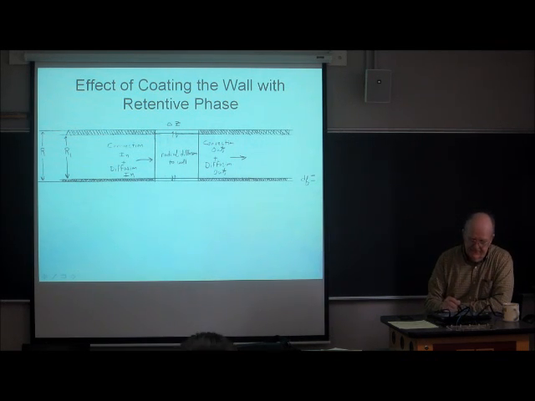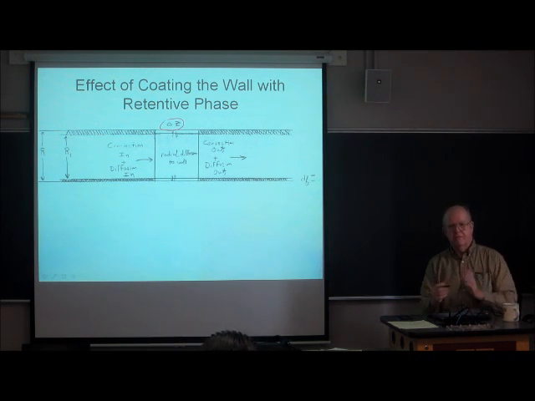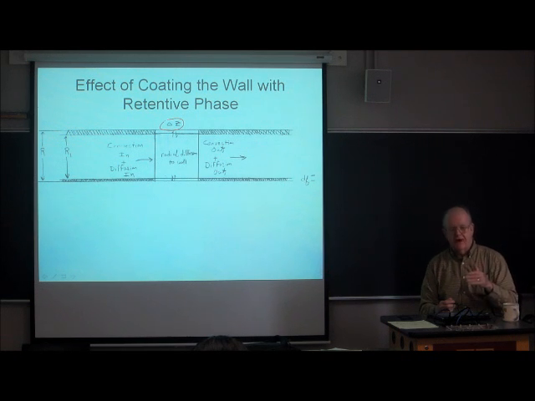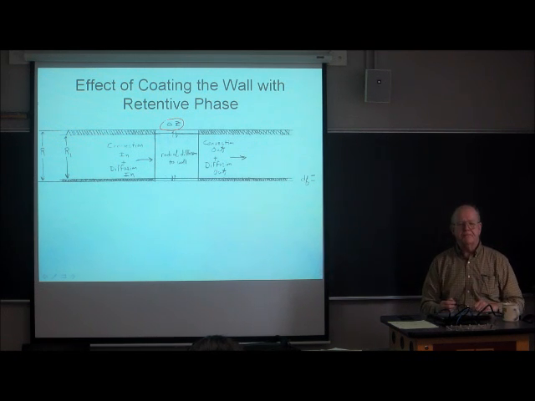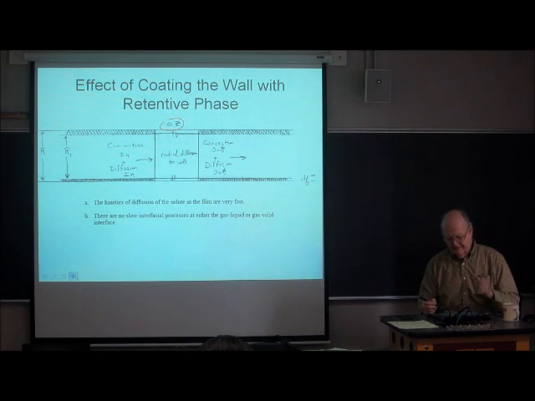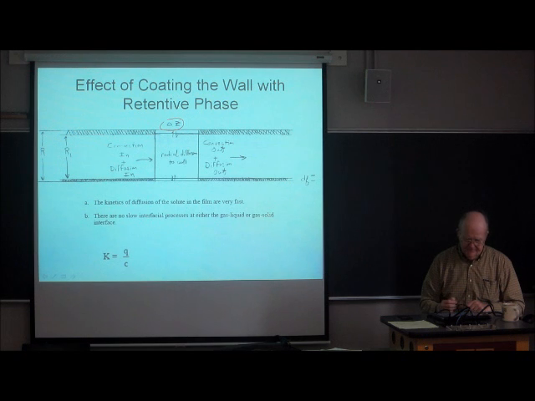So we consider some element delta Z of the column, of the tube. We've got convection in, we've got diffusion in, we've got convection out, we've got diffusion out, we've got radial diffusion, but we have one other thing. I'll get to these in a second. We have one other thing going on.